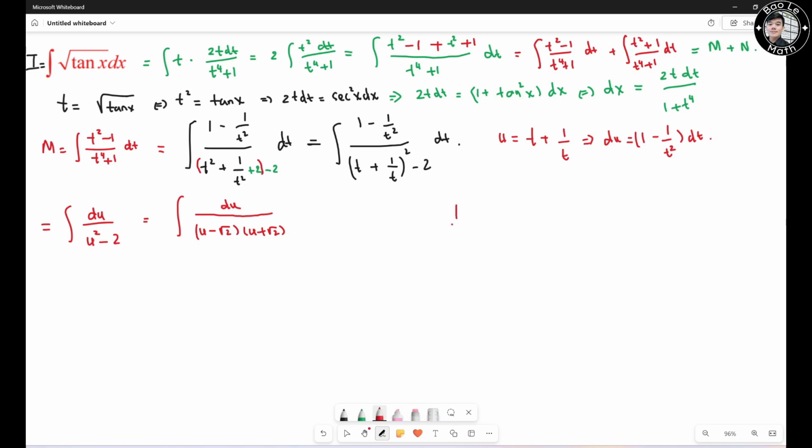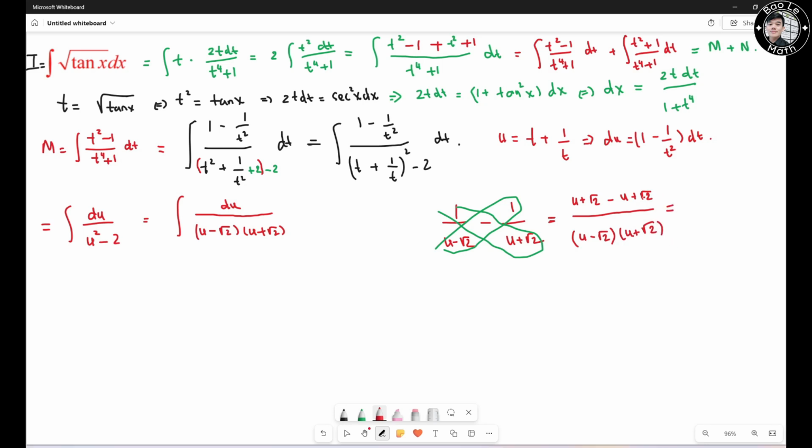I observe that 1 over u minus root 2 minus 1 over u plus root 2 equals, cross multiplying, u plus root 2 times 1 is u plus root 2, and u minus root 2 times negative 1 is negative u plus root 2, over u minus root 2 times u plus root 2.